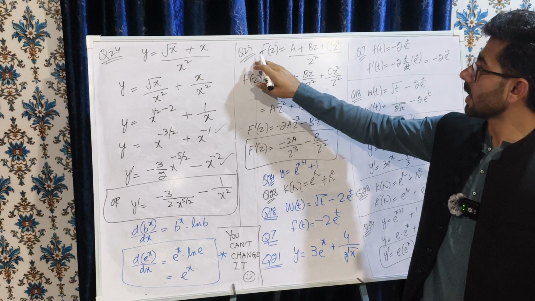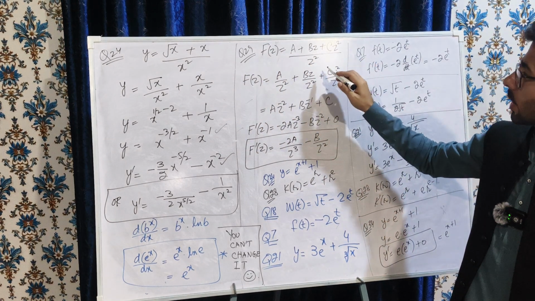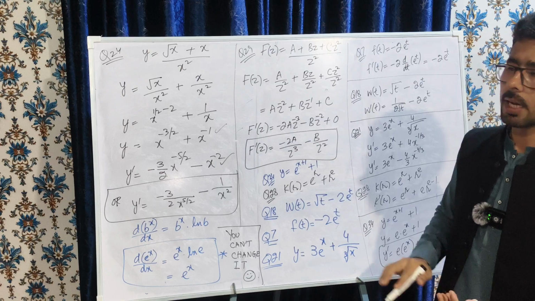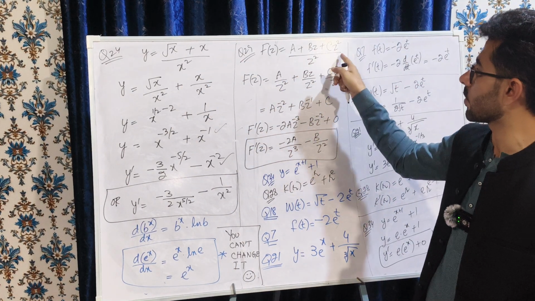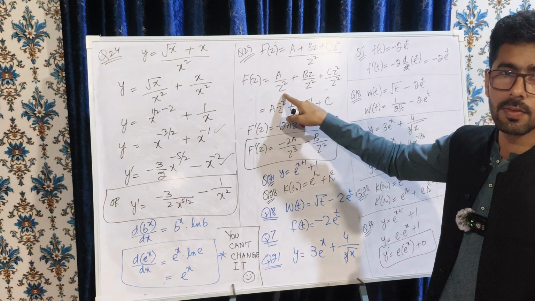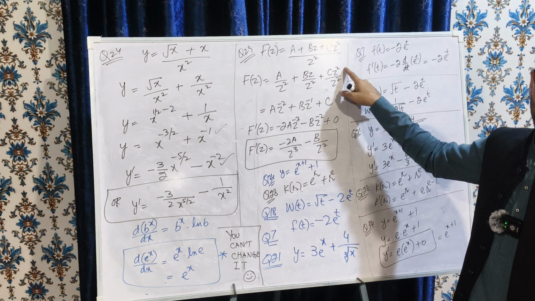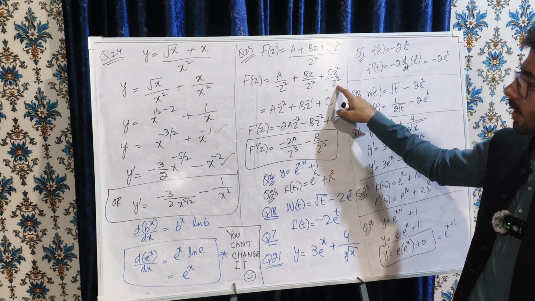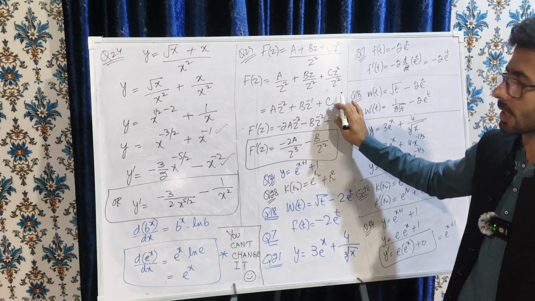Then question number 29 says f of z equals (a plus bz plus cz squared) divided by z squared. Now you have to use the same principle, divide every term by z square. So we get a divided by z square, plus bz divided by z square, plus cz squared divided by z squared. Now z square cancels in this term, we are left with c.